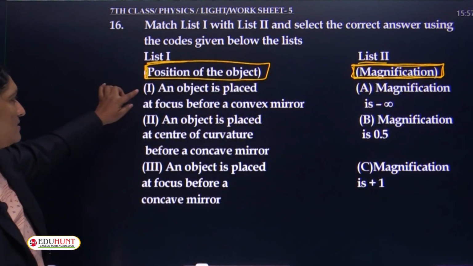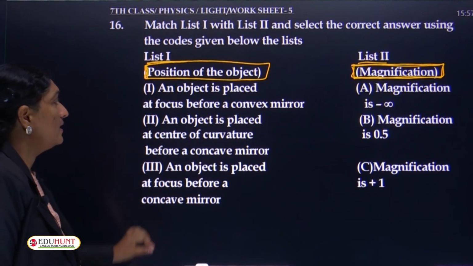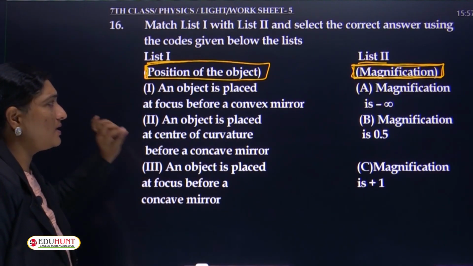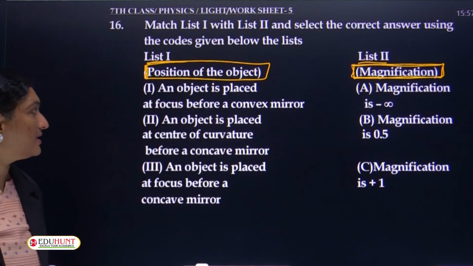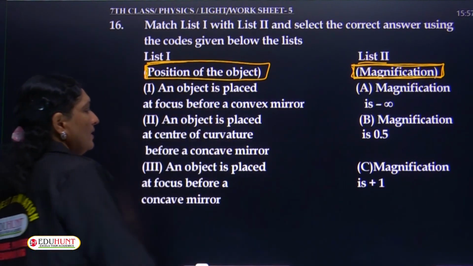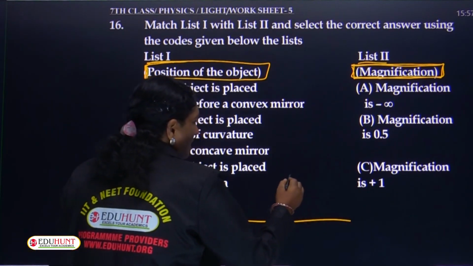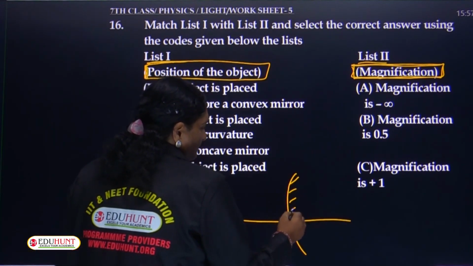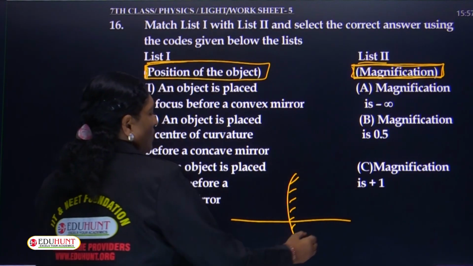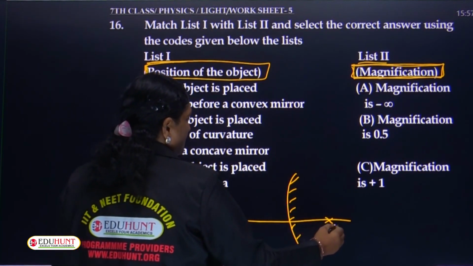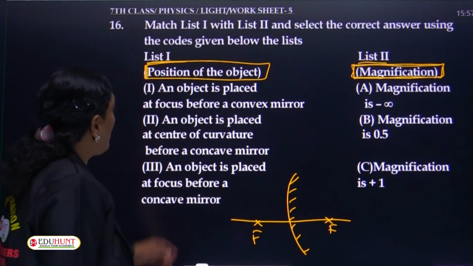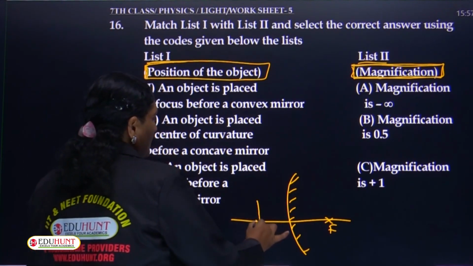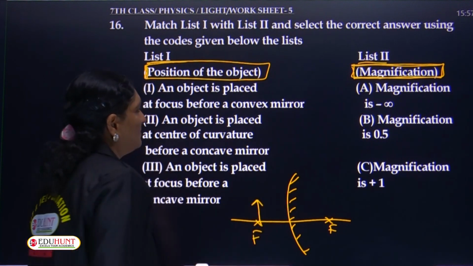So let us take the first question. An object is placed at focus before a convex mirror. So what mirror have they considered? Convex mirror. So consider a convex mirror. A convex mirror has a focus point. An object is placed at focus before the convex mirror.